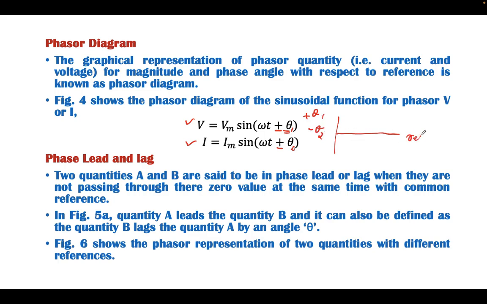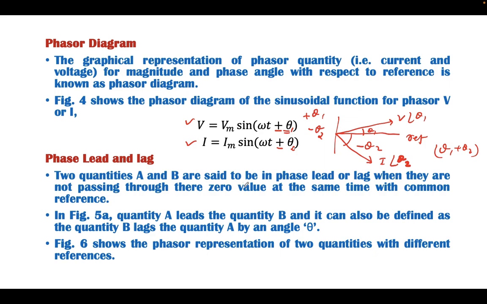With respect to the reference, V will be somewhere here at an angle of theta 1, whereas I is at minus theta 2. The angle between these two quantities I and V will be theta 1 plus theta 2.